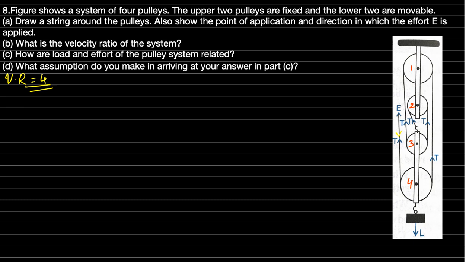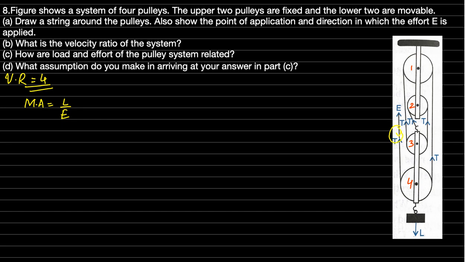How are load and effort of the pulley system related? Now for finding this, we will have to find the mechanical advantage. So mechanical advantage will be equal to load by effort. Now load is going to be all the tensions that are acting except this one single tension here.